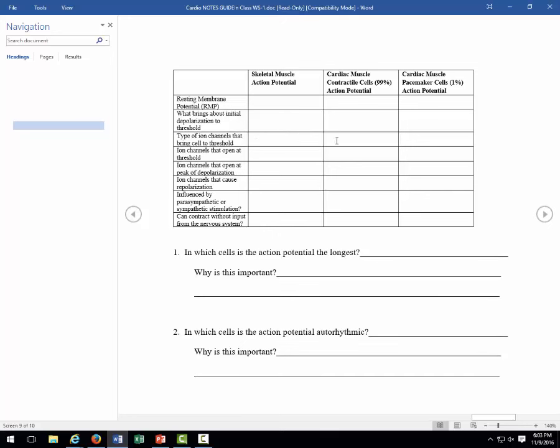And then cardiac muscle, contractile cells. What channels bring that to threshold? What do you think? Those contractile cells, they can't generate their own action potential, so how do they? What stimulates them?